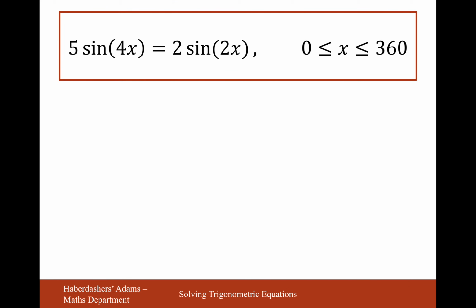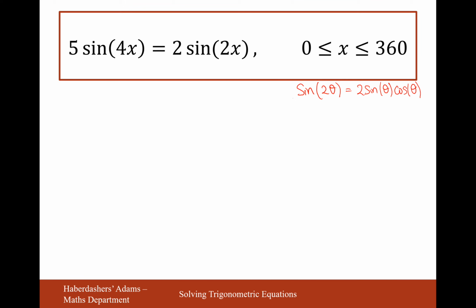Quite a difficult question, this one. 5 sine 4x equals 2 sine 2x. I think what I'll do is I'll use the double angle formula on the left-hand side. Now, reminder, the double angle formula for sine is sine 2 theta equals 2 sine theta cos theta.